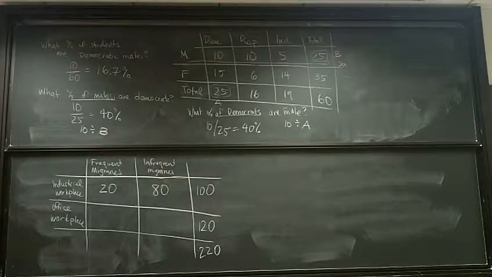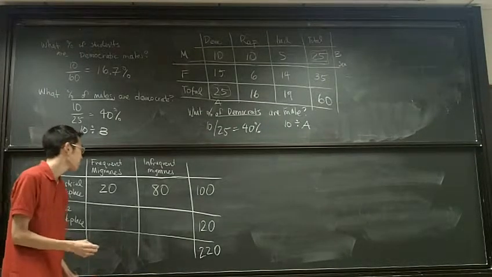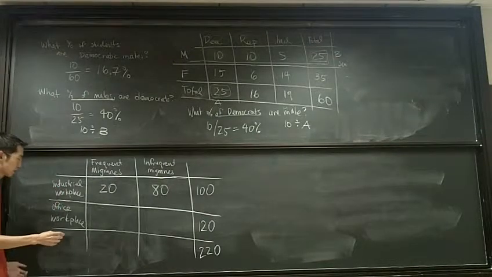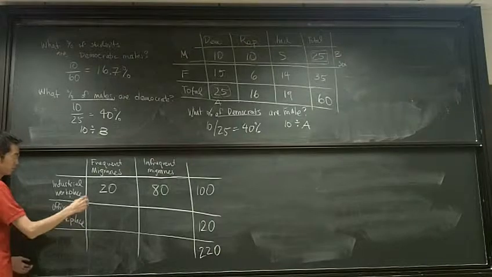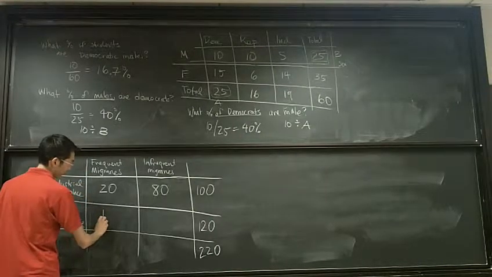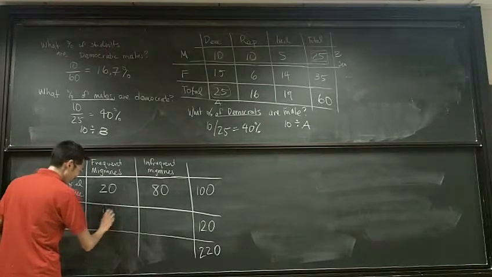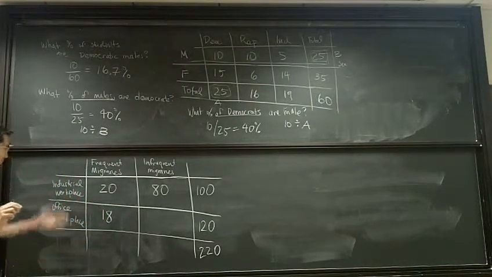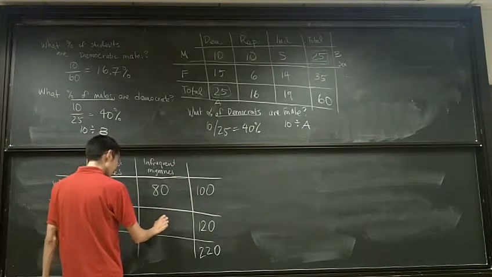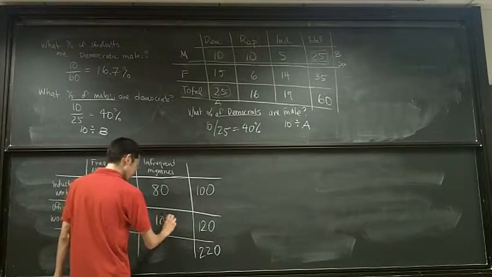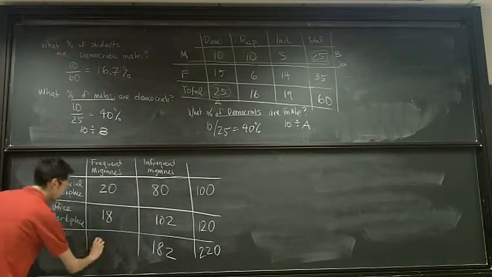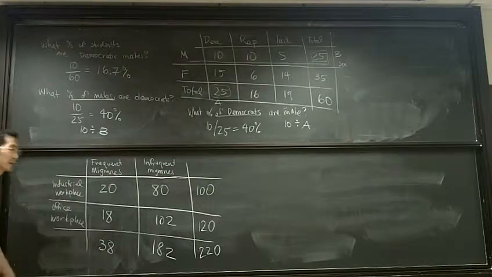And let's say in the office, 18 had frequent migraines, so that means 102 did not, for totals of 182 and 38.